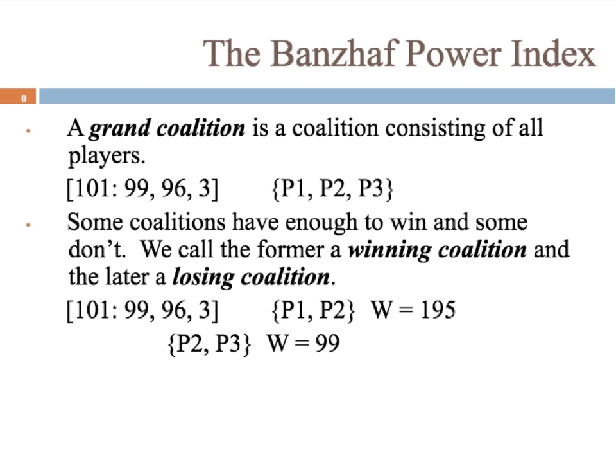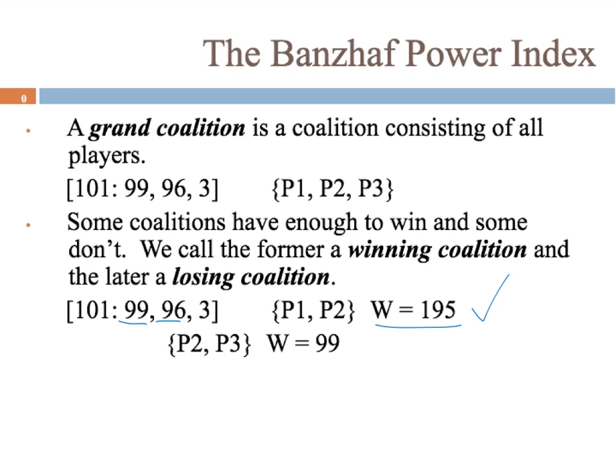A grand coalition is a coalition consisting of all players, so when all players vote the same way. Note that some coalitions will have enough to win, and sometimes they don't. We call the ones that win winning coalitions, and the ones that lose losing coalitions. Two examples here: if player 1 and player 2 vote the same way, 96 and 99 make 195.